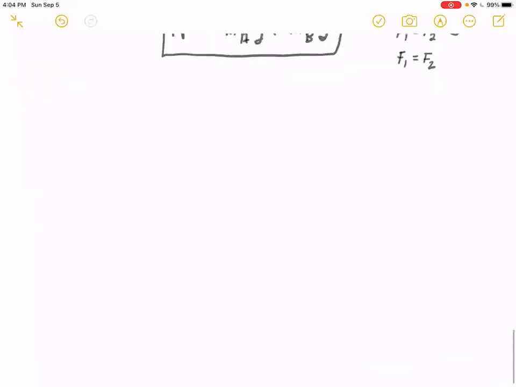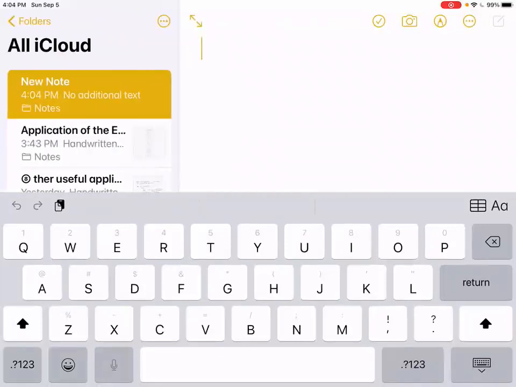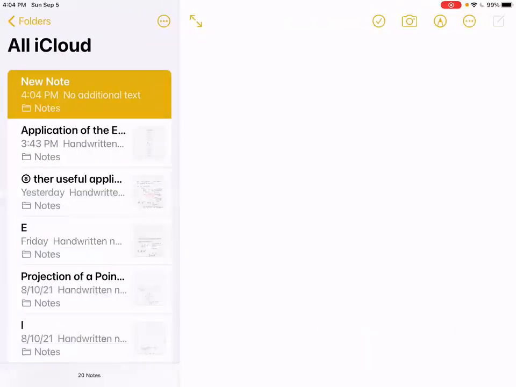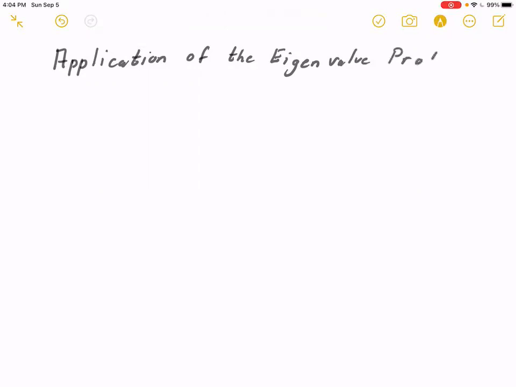Okay, so last time we talked about the eigenvalue problem, and we looked at an example. So what I'd like to do today is look at an application of the eigenvalue problem, to see how linear algebra helps us in this particular example.